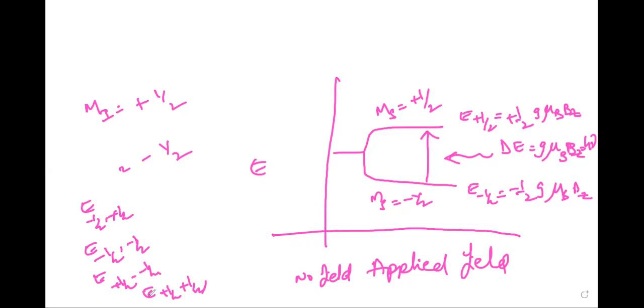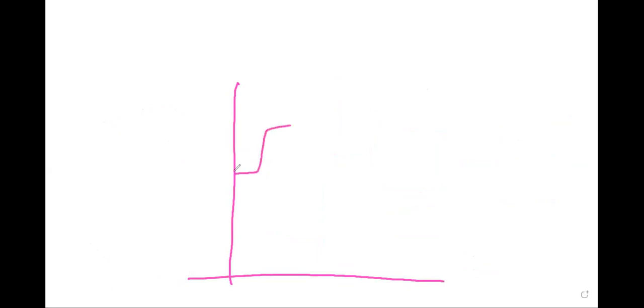So we can draw these 4 levels. This is energy, and this is magnetic field. First the spin magnetic moment has 2 energy levels. Again each is divided into 2 levels like this, and these are the energy levels.